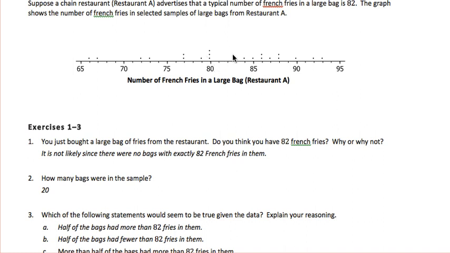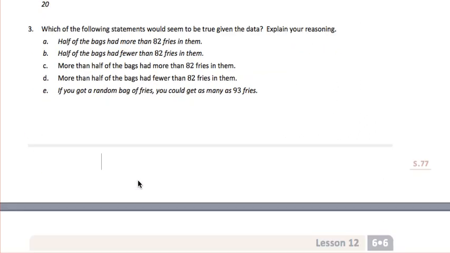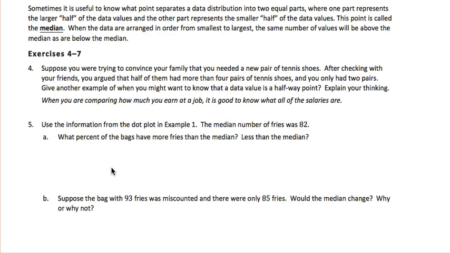That would mean then that 10 out of 20 have more than 82 French fries, and 10 out of 20 have less than 82 French fries in them. And 1/2, 10 out of 20, is the same as 50%. 50% have more, and 50% have less fries.